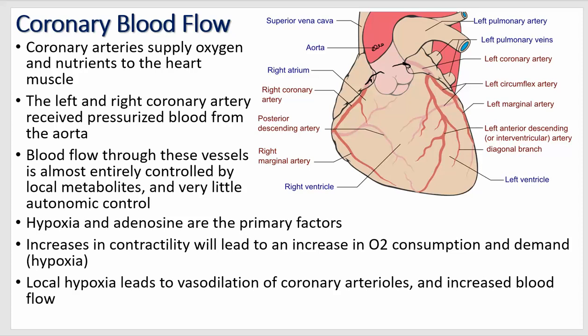Blood flow through these vessels is almost entirely controlled by local metabolites. Very little autonomic control. So we're not vasoconstricting and vasodilating in the way that we saw with sympathetic or parasympathetic activation. It's just that if there's more need, you have more waste products. If you have more waste products, you vasodilate and increase blood flow to those areas. That's what we mean by local control, local metabolites.